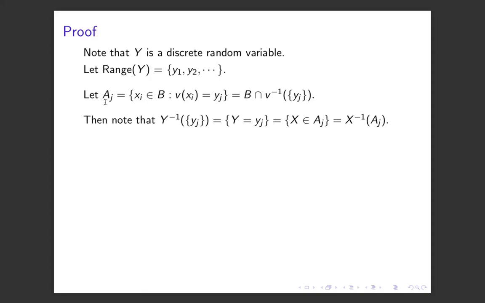In other words, Aj is nothing but V inverse of the point yj, intersected with B.